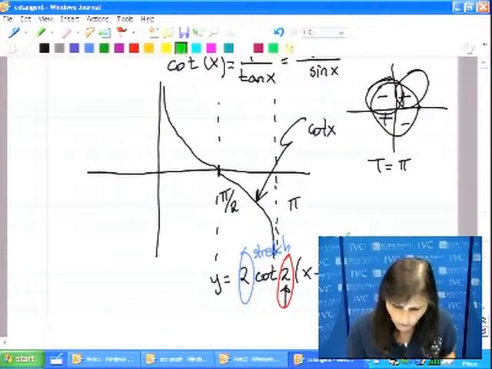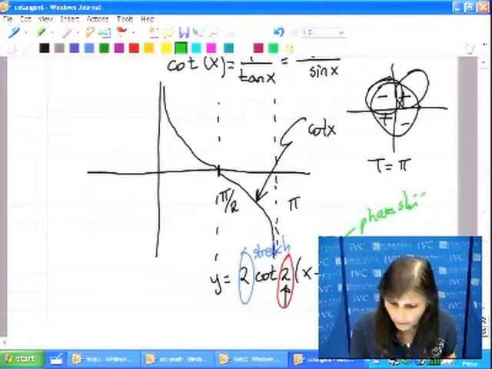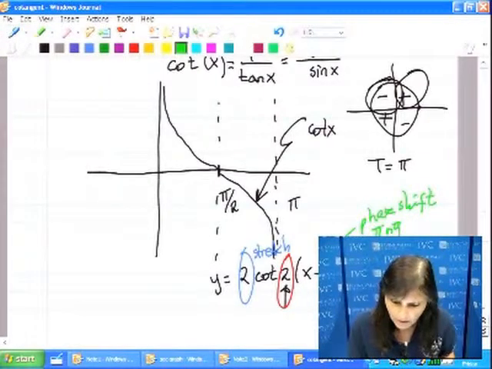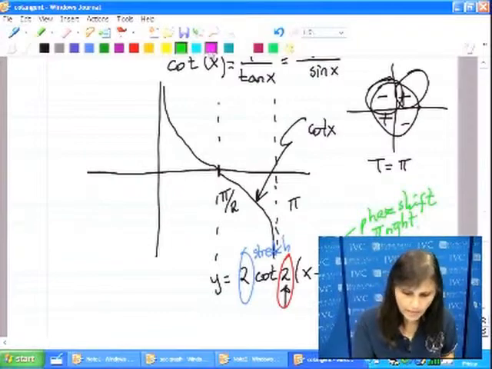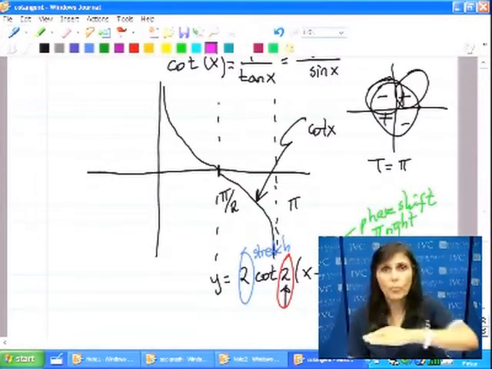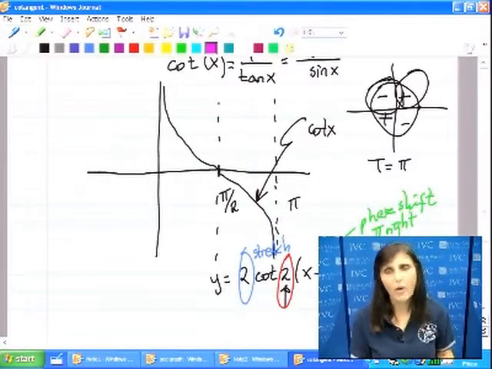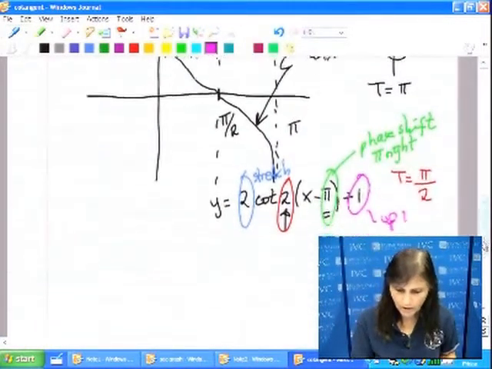This one is going to give you the phase shift, and it is pi to the right. And this one is going to move it up and down, so it is up 1. Okay, so let's get started.